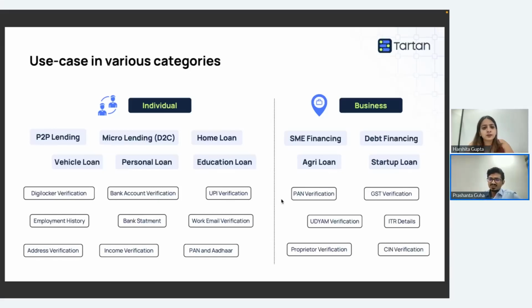So similar to the individual use cases, we also have similar use cases for a business user. Say if a business, an SME, wants to get a loan, again we can use the PAN number to fetch all the different details. We can get the GST number from them and get all the different details.